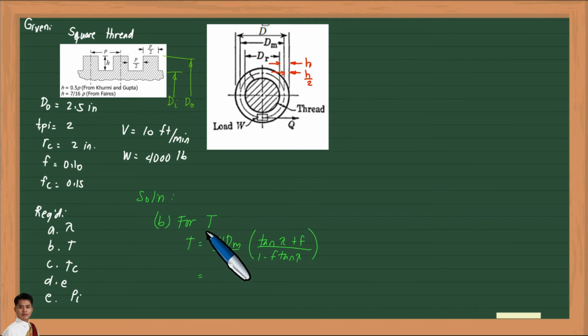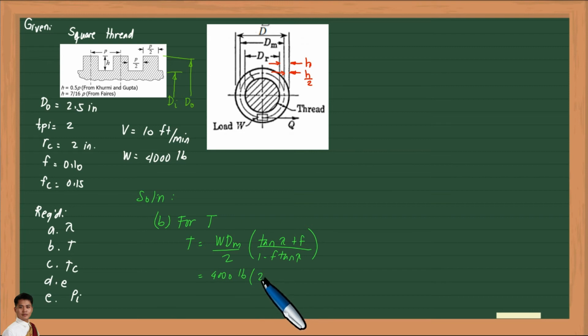So next unknown is torque. So using our formula for the torque of the screw, so ang weight natin dito ay equal to 4,000 pounds. dm, yun na yung na-solve natin dun sa letter A kanina, and then lambda, meron na rin. Okay, and then yung F, 0.10. So, kompleto lahat. So, substitute lang natin lahat dito. So, ang weight natin ay 4,000 pounds.